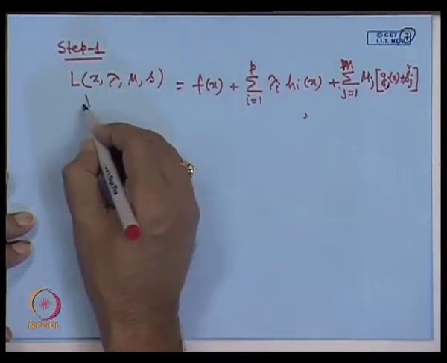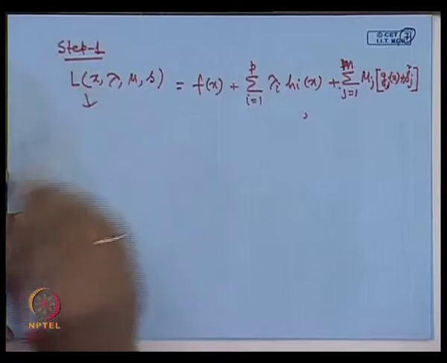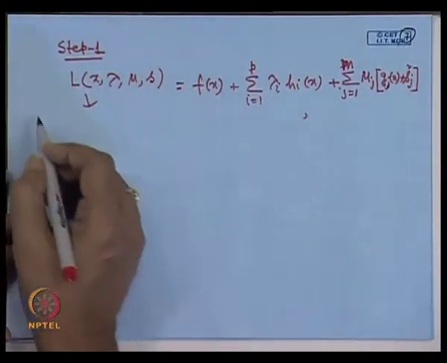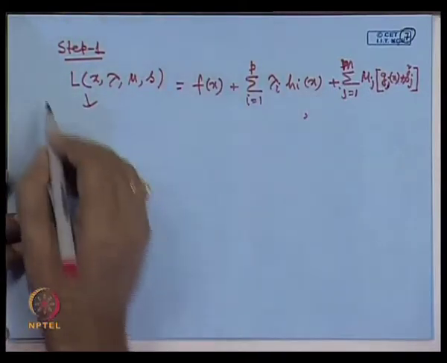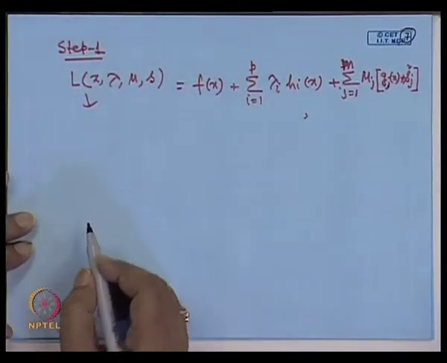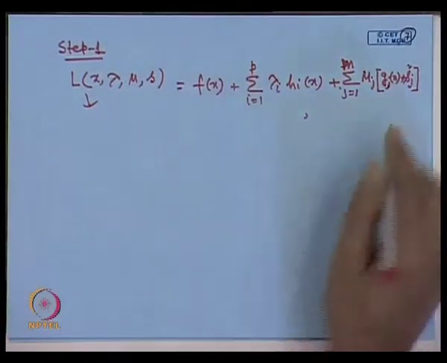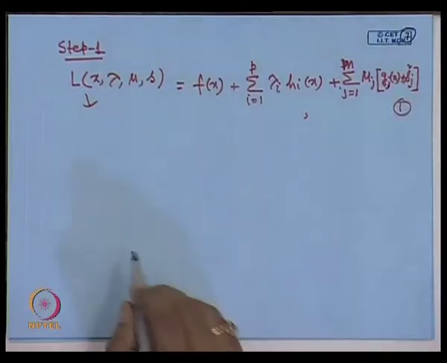This is called the Lagrange function. Agree? This function you have to optimize, meaning minimization. Our problem is to minimize this function. We have already written what lambda is, so we will not repeat this.